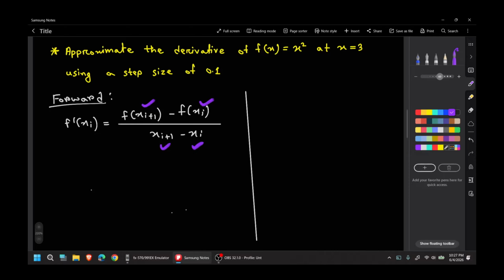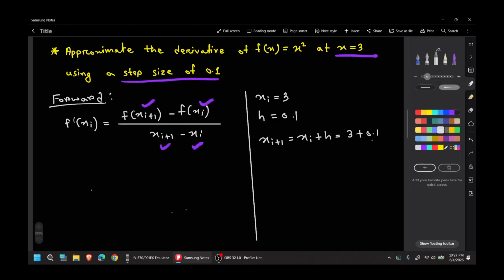You can see in the question the initial xi is 3 and the step size h is 0.1. So xi plus 1 will be xi plus h, that means 3 plus 0.1, that is 3.1.